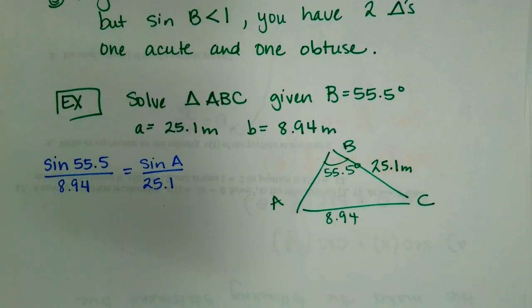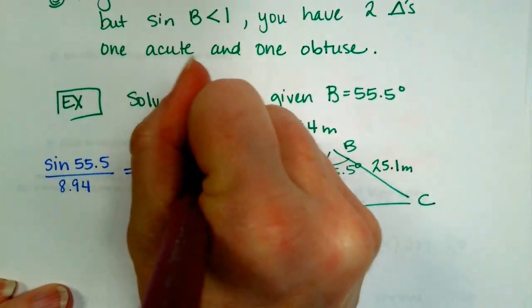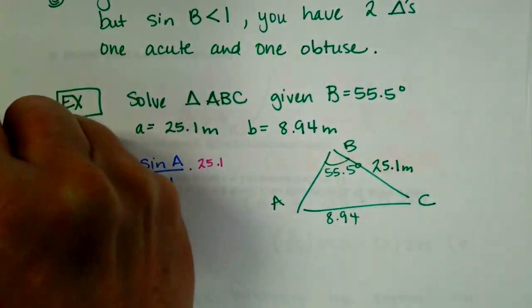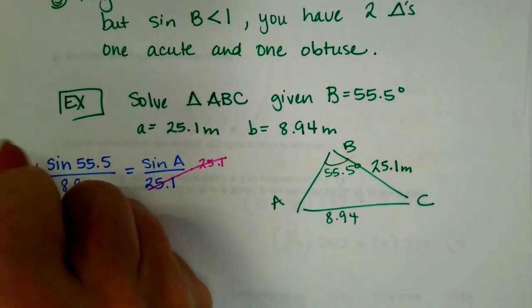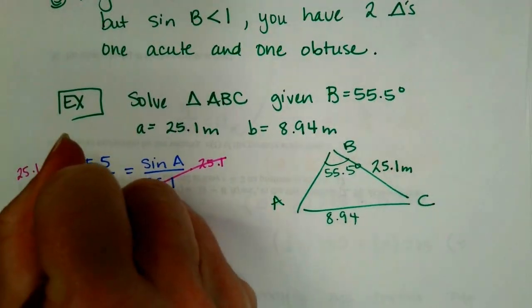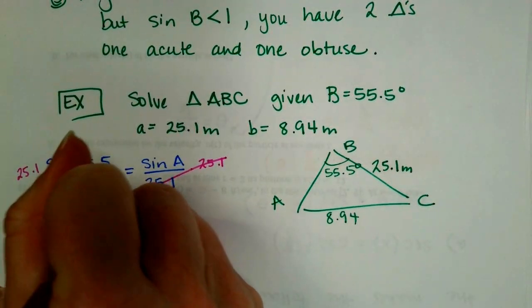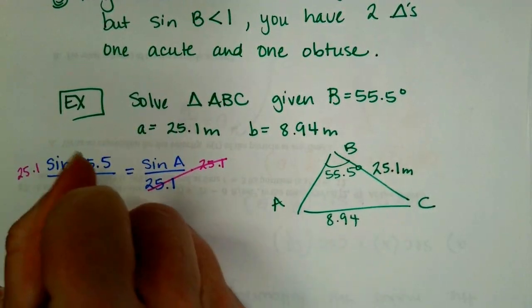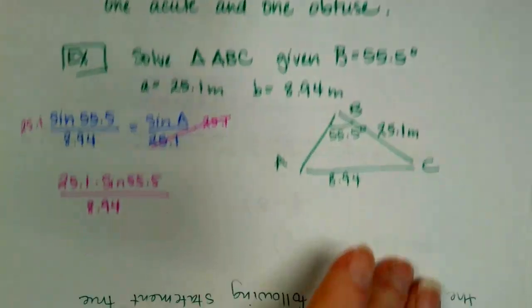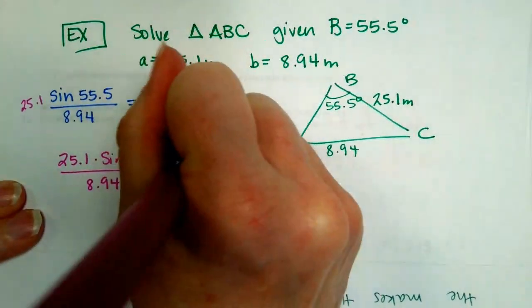So I'm going to just do a little bit of algebra. So first I'm going to multiply both sides by 25.1. So now I have 25.1 times sine of 55.5, and that's all over 8.94. And that equals sine of A.